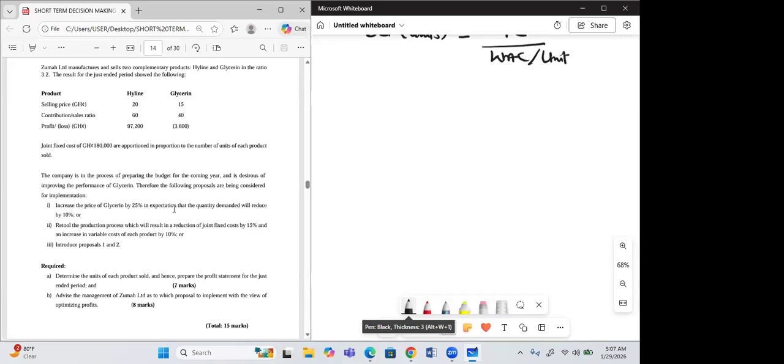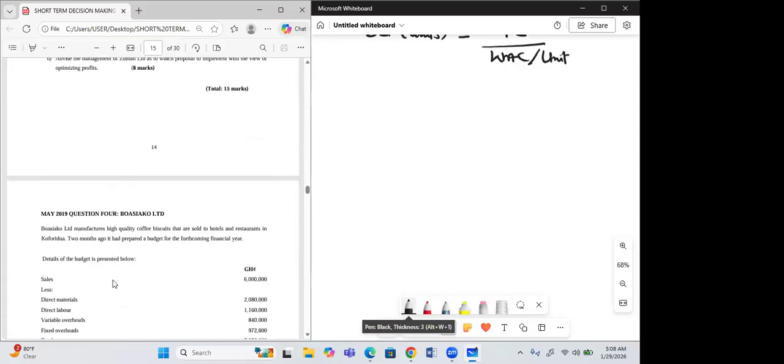Therefore, the following proposals are being considered. One, increase the price of Glycerin by 25% in expectation that the quantity demanded will reduce by 10%. Two, re-engineer the production process, which will result in a reduction of joint fixed cost by 15% and an increase in variable cost of each product by 10%. Three, introduce proposals 1 and 2. A says you should determine the units of products to be sold.